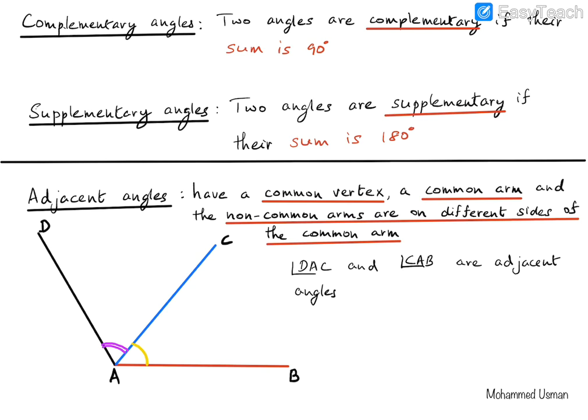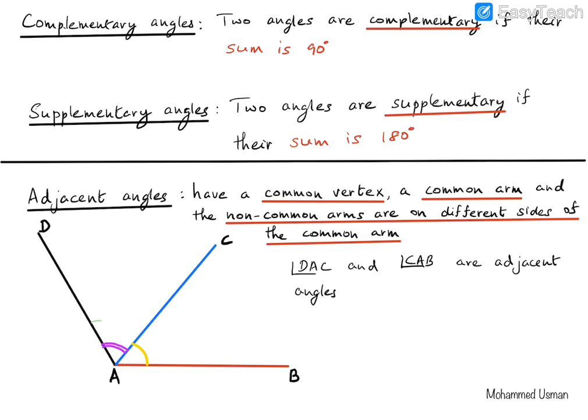The next thing we notice from the adjacent angles, from this figure, is the angle between the non-common arms, that is the angle between DA and AB, that is the total angle DAB, is equal to the sum of the two adjacent angles. So if we mark this particular angle, let me change the color.